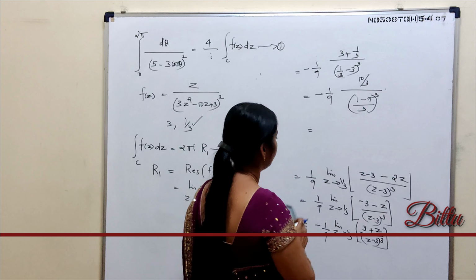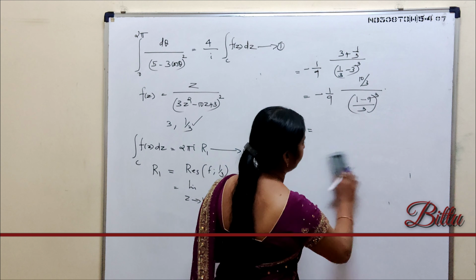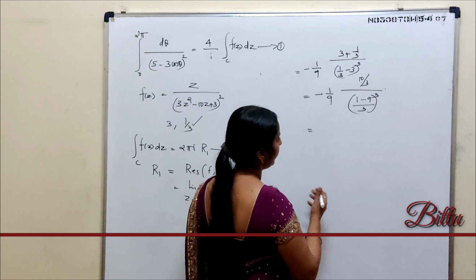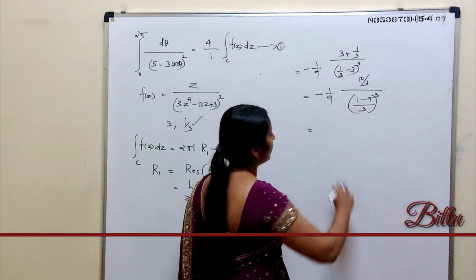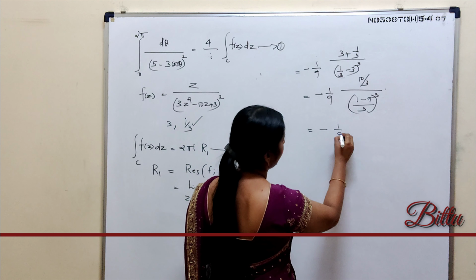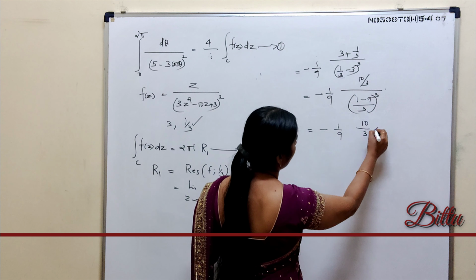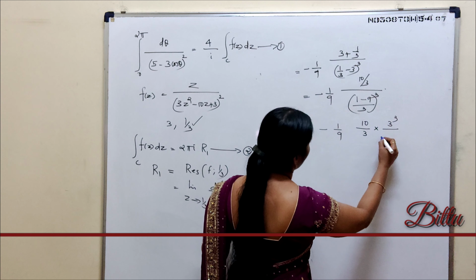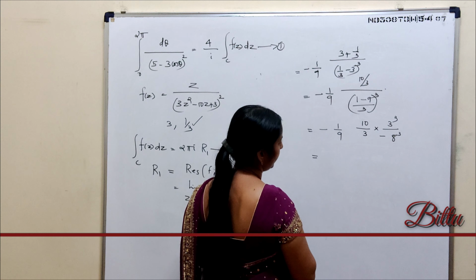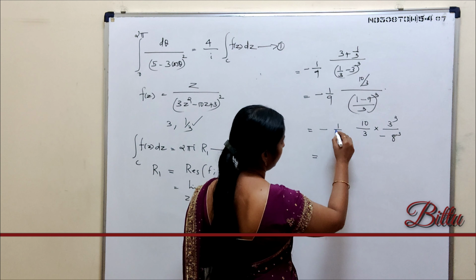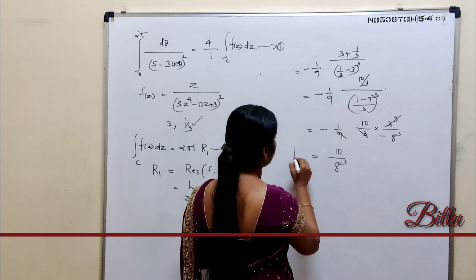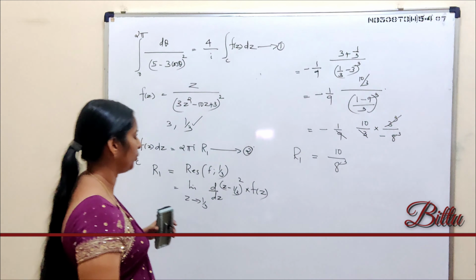Here it is not necessary to write all the steps; you can directly give its value in fraction form, not in decimal form. Minus 1 by 9, 10 by 3 into 3 cube by minus 8 cube. So it is 10 by 8 cube. So the residue is 10 by 8 cube.